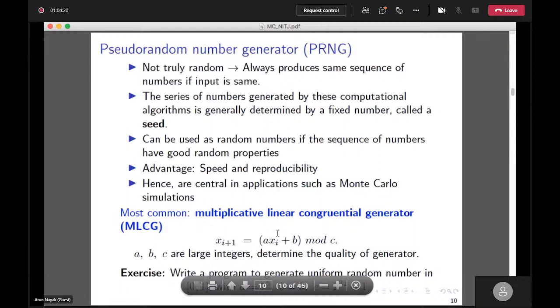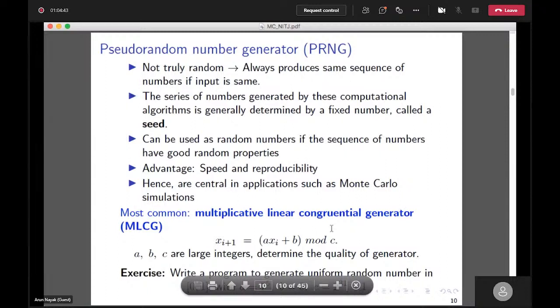Given a number x_i, you generate the next number x_{i+1} by this algorithm: you use a x_i + b mod c to get the next number, where a, b, c are some large integers which determine the quality of your generator.